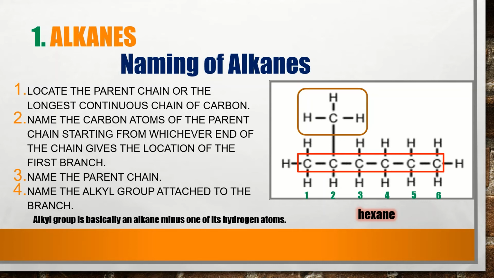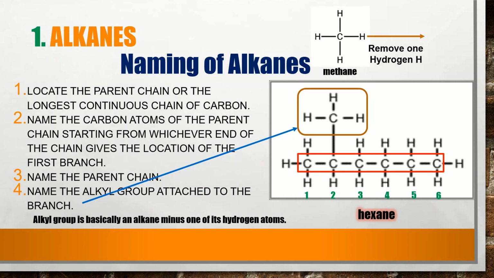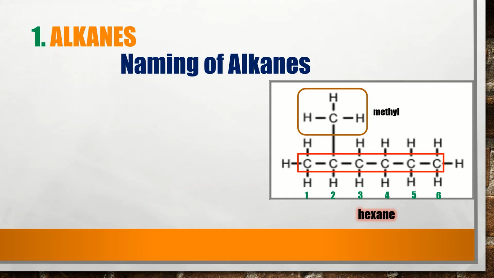For example, we have methane. Following the step here, we remove one hydrogen atom, thus it will now form methyl. So in our structure here, the alkyl group attached to the branch is the methyl group.